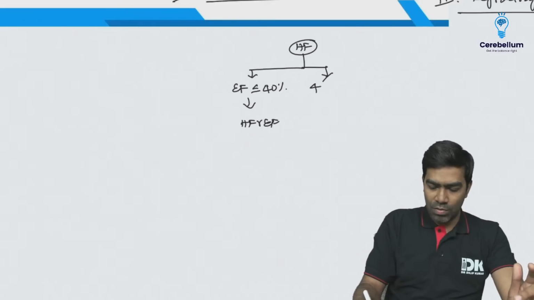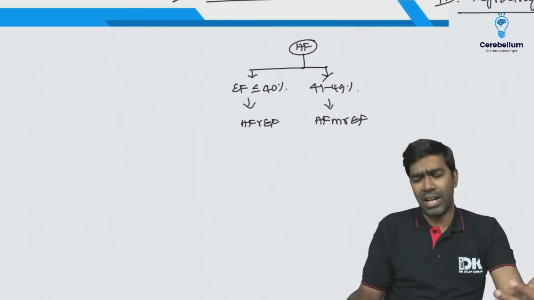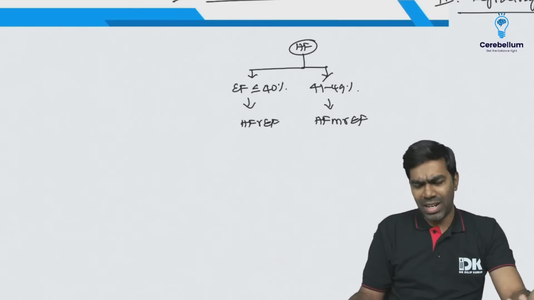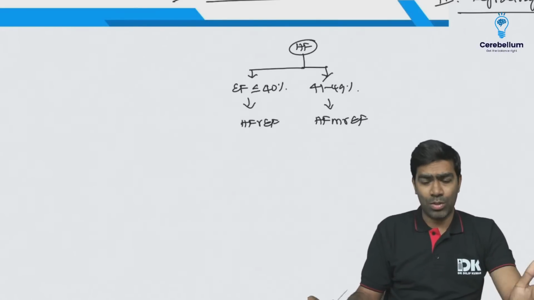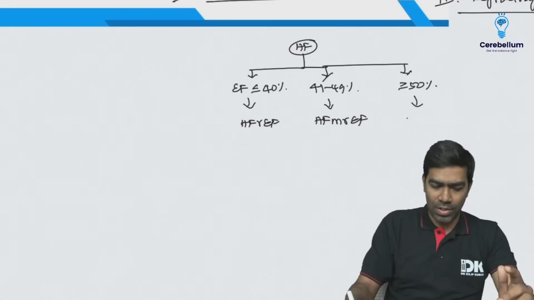If the EF is in the range of 41 to 49 percent, it is heart failure with mildly reduced ejection fraction. Previously, they used to call this mid-range ejection fraction, but many guidelines have changed the notion. And EF more than or equal to 50%, it's called heart failure with preserved ejection fraction.